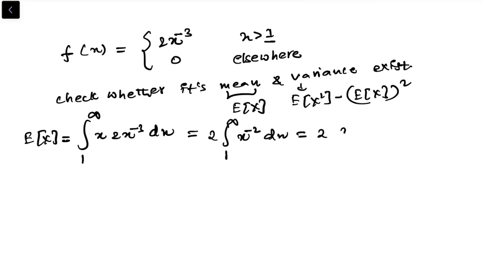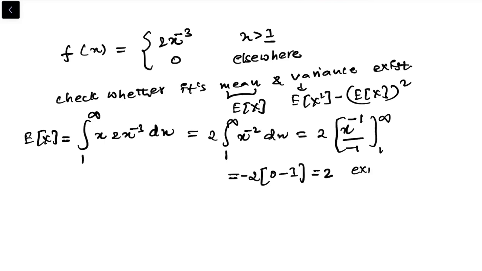This is 2. The integration of x to the power minus 2 is simply minus 1 over x, and the range is 1 to infinity. So this is minus 2, and 1 over infinity is 0, minus 1. So this is 2. Okay, so mean exists.